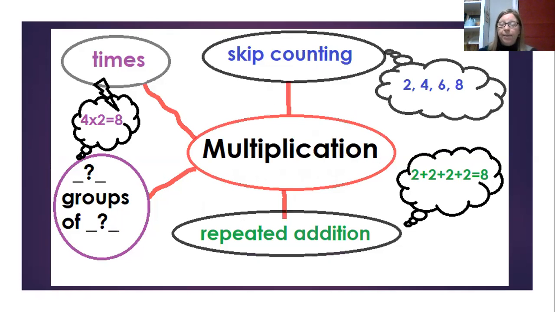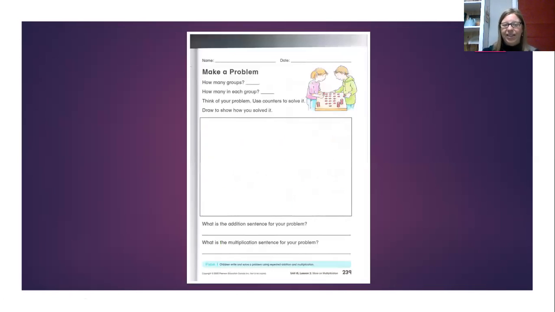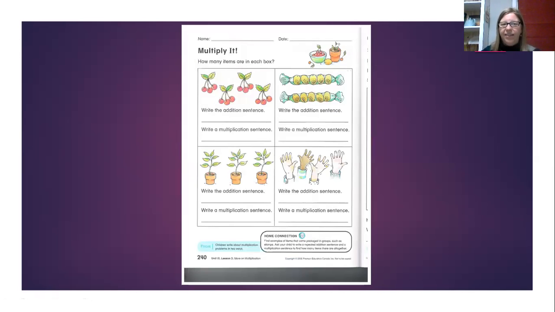The second number following the X is how many in each group. And then after the equal sign is how many altogether. Simple enough, you can do it. I know you can. Then we have one more page to do for today.